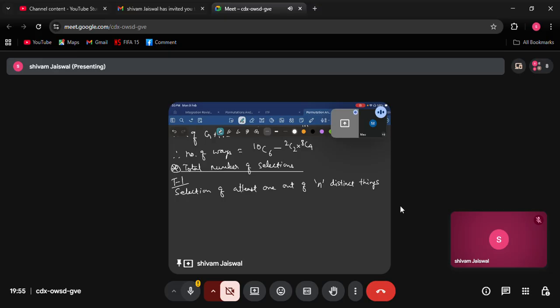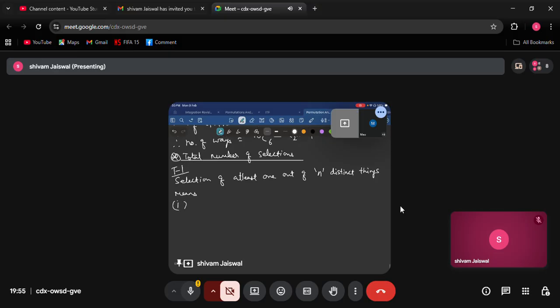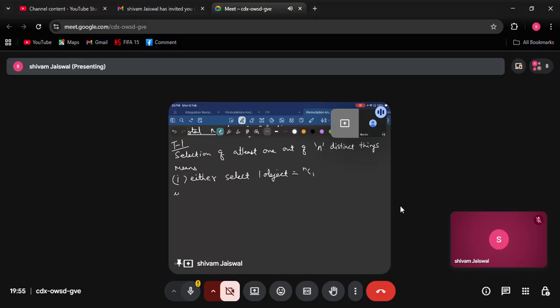What does it mean? Means number 1, either you select one object. So tell me, in how many ways can you select one object out of n things? N. NC1. Number 2, or you select 2 objects. In how many ways can this be done? NC2.